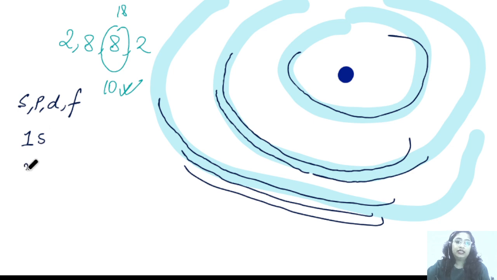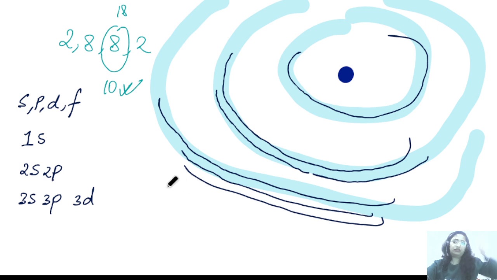In the second orbit, two subshells are present. In the third orbit, three subshells are present. In the fourth orbit, four subshells are present, and so on. So these are the subshells.